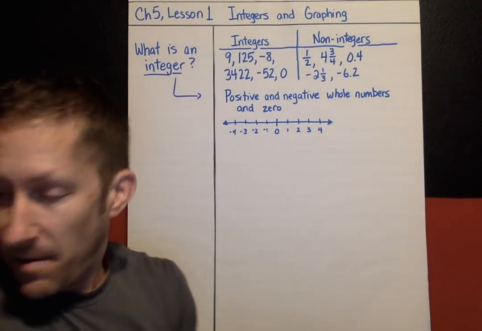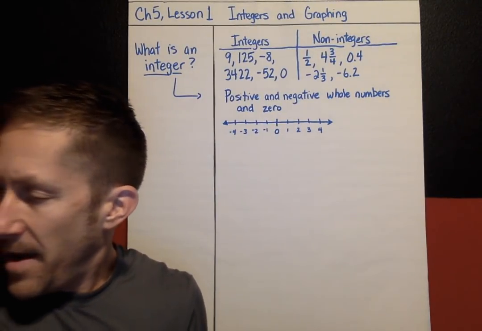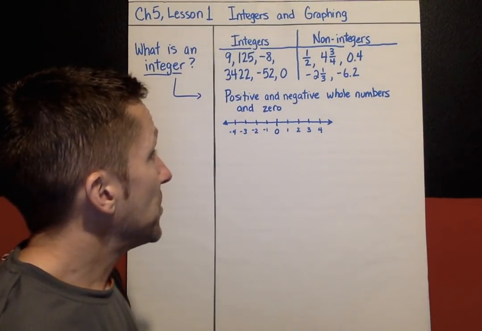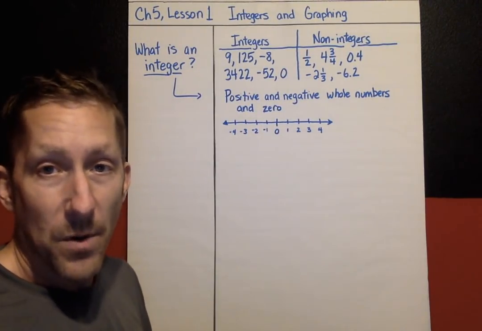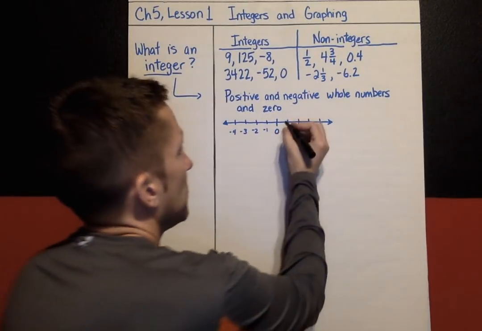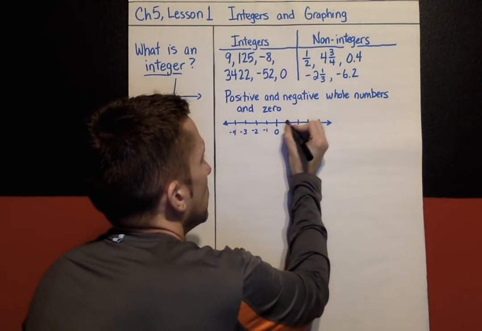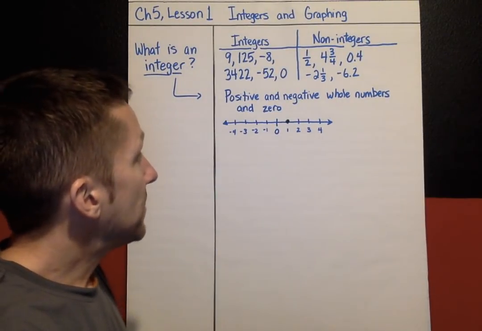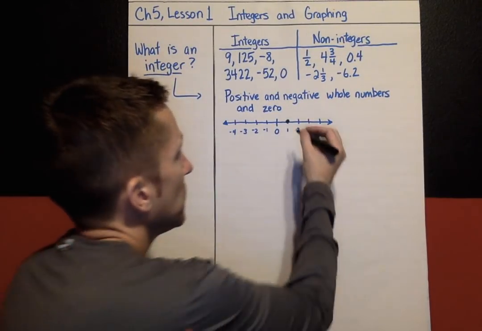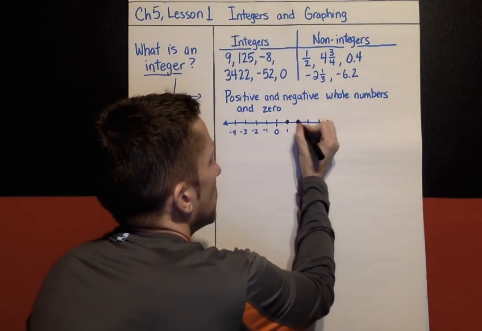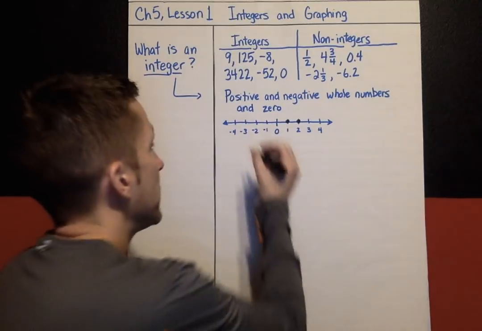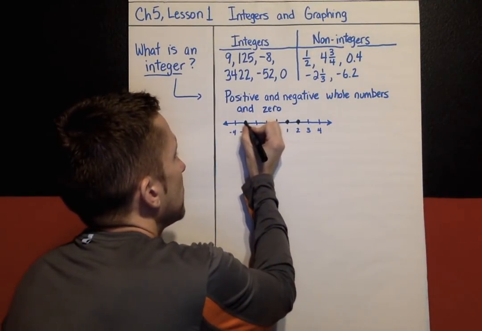Graphing integers. If I asked you to graph the integer number 1, you would put a point on 1. So I'm going to put a point just like that, a dot. If I asked you to graph 2, you'd put a point on 2. If I asked you to graph negative 3, you would put a point on negative 3.